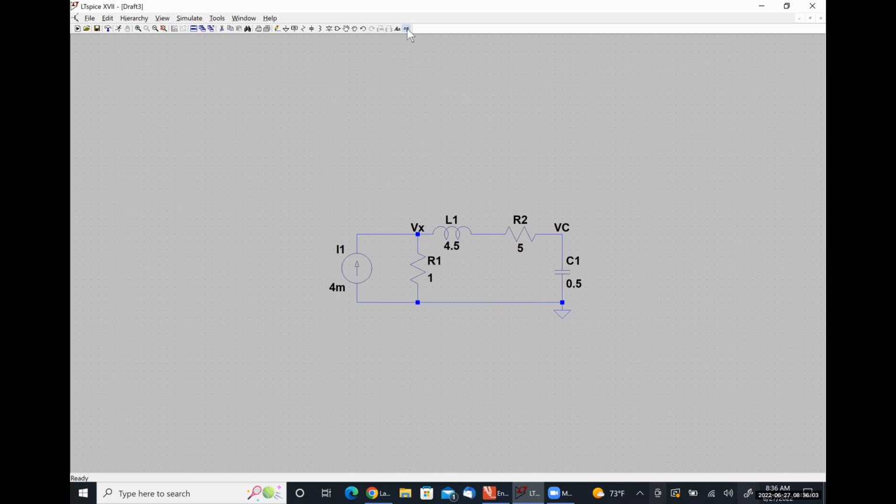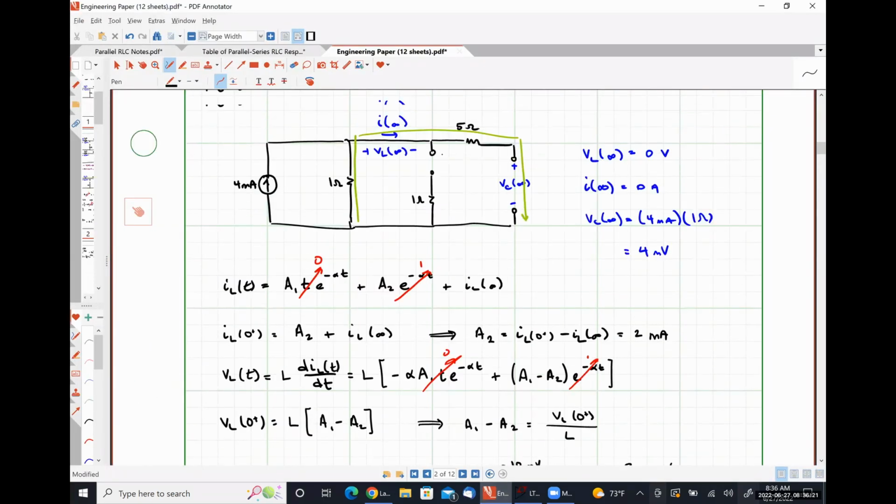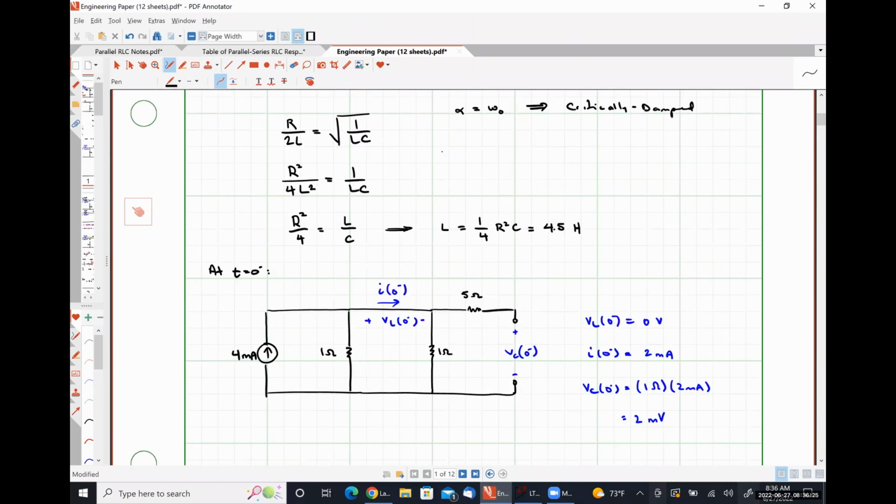Our initial conditions. We had 2 millivolts on our capacitor, if I'm not mistaken. Let's go back and double check that. Yeah, so at 0 minus, we had 2 milliamps times 1 ohm is 2 millivolts, okay?